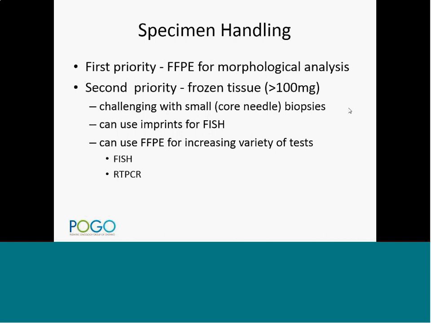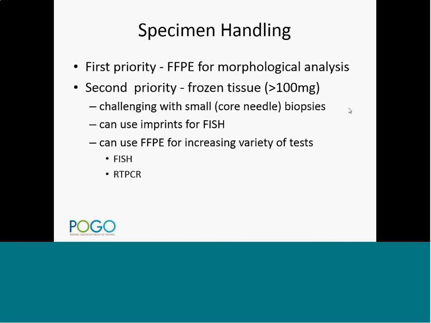And if you're struggling with what looks like a very small amount of tissue to work with, it's always good to remember that if you can do imprints and air dry them, you can use them for FISH and put the rest of the core in for paraffin. But note that even if you just have tissue in paraffin, it is possible to use that embedded tissue for ancillary tests.